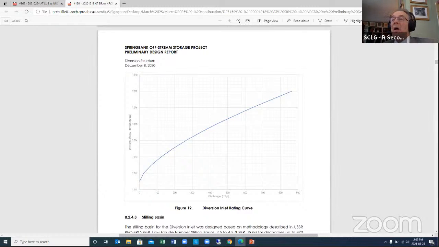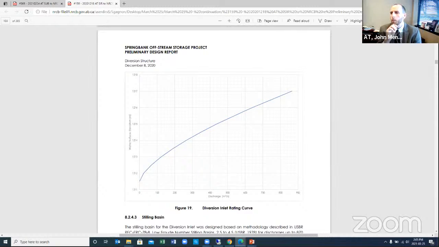Would that amount of water be accommodated in that drawdown to be able to go entirely into the reservoir, or would you see some of that water going into the spillway at an elevation of 1,217 meters?